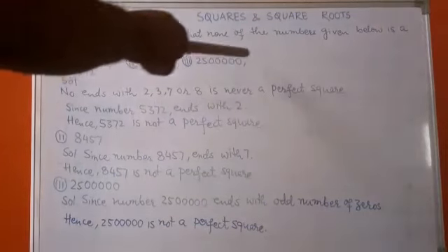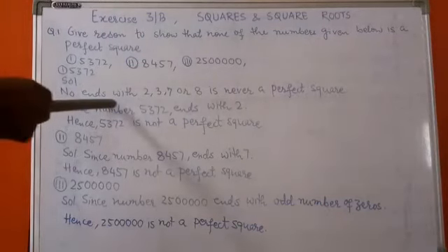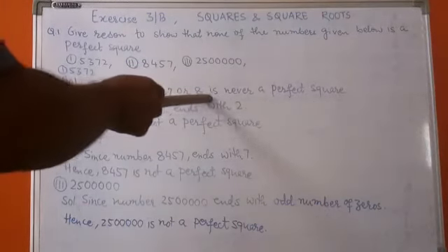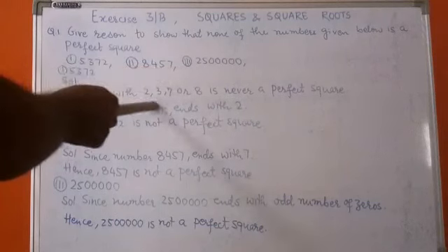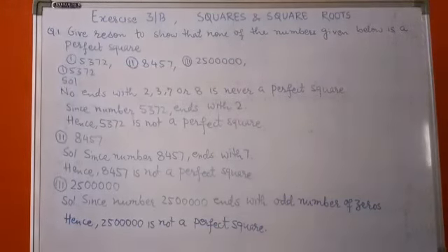We don't have to find their prime factors to identify whether they are perfect squares or not. We can explain this through this property.